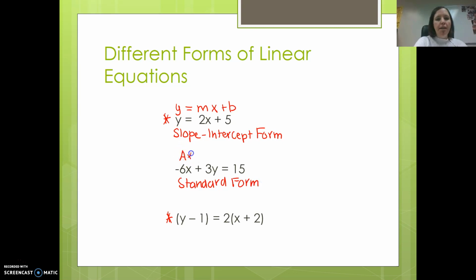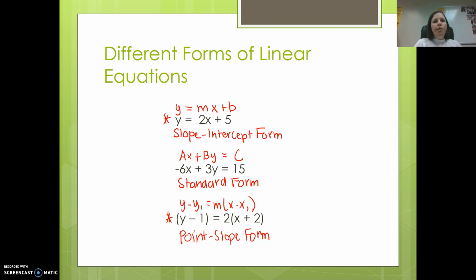This is ax plus by equals c. Notice it's a capital B versus the lowercase b. That means they stand for different things. And the last one here is point slope form, which is y minus y1 equals m parentheses x minus x1.